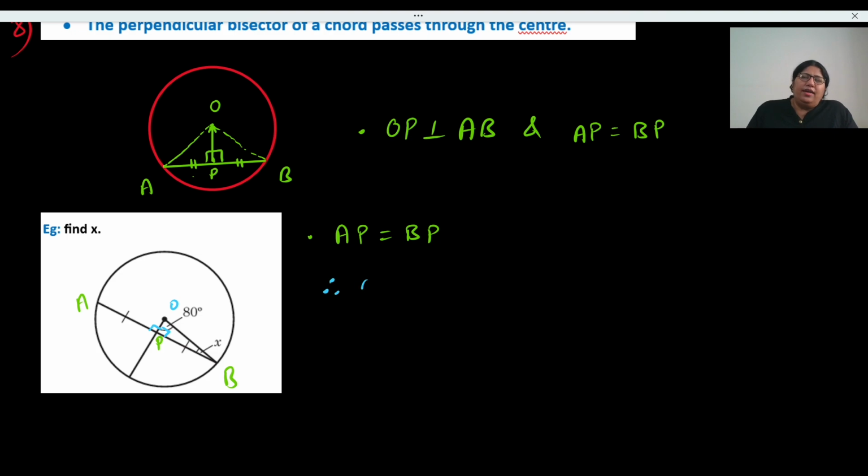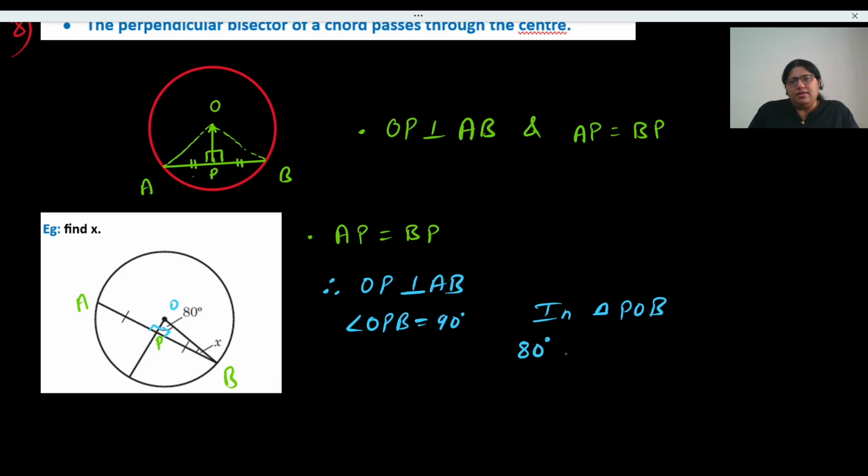Therefore I can write OP is perpendicular on AB. So if OP is perpendicular, angle OPB will be 90 degrees, and in triangle POB, with 80 degrees... then 90 degrees plus x plus 80 will be 180 degrees. So x value is going to be 10 degrees.